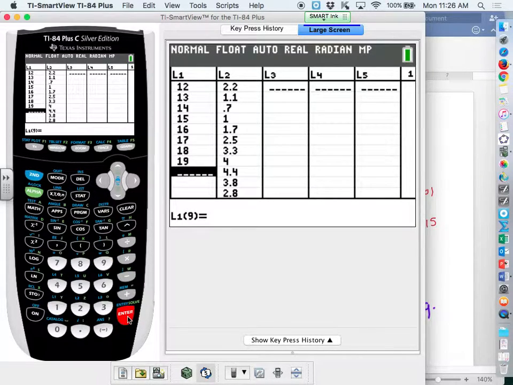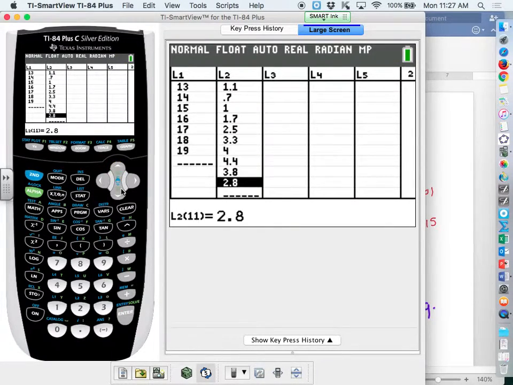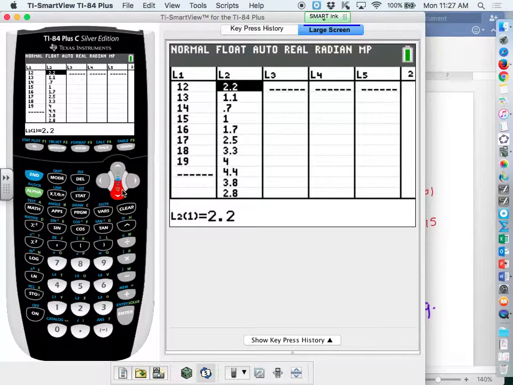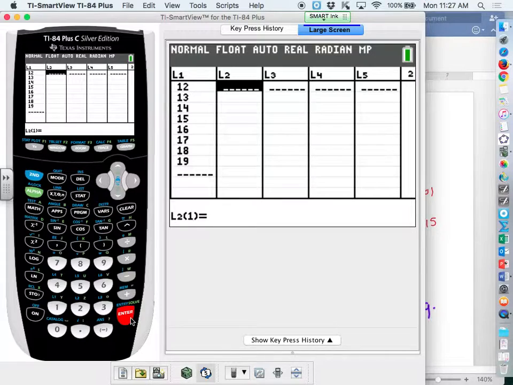Don't enter 20, 21, and 22 because you don't have y values for those. So it's just going to confuse your calculator and give you some kind of wacky error message. If you arrow up to the top there, hit clear and hit enter, it deletes all the information in that list.